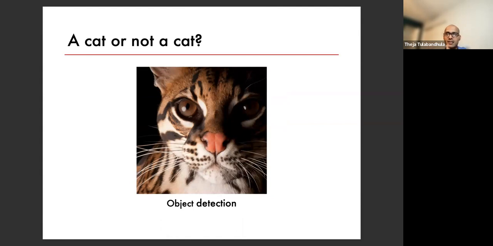The image is the raw data from which you can potentially create a feature vector. Given that feature vector, let's say you're doing binary classification, then your class is either there's a cat or there's not a cat. One of the classes is the positive class, one is the negative class. That's called object detection. We're not using these terms very formally, but there's an object detection problem.